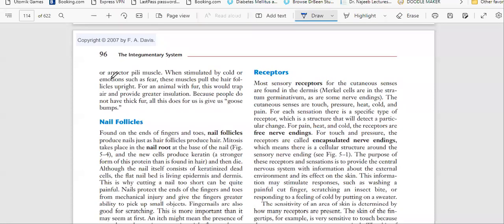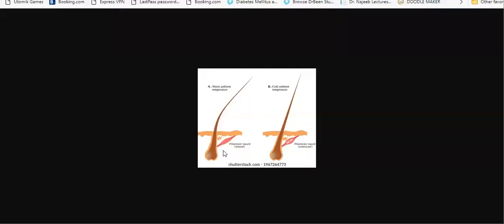When stimulated by cold or emotions such as fear, these muscles pull the hair follicles upright. So here we see that whenever we have fear or emotions, these muscles will tighten the hair follicles, so they will stand like that. Whenever we don't have such emotions, at normal temperature, the hair follicles will look like this.